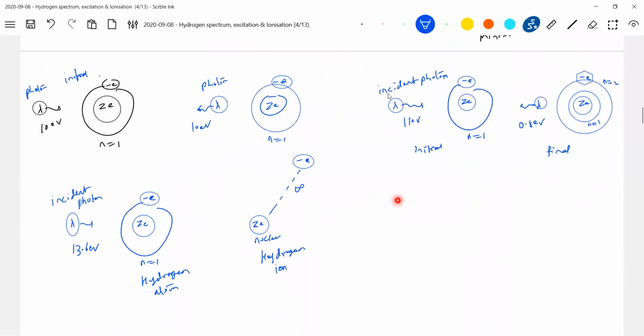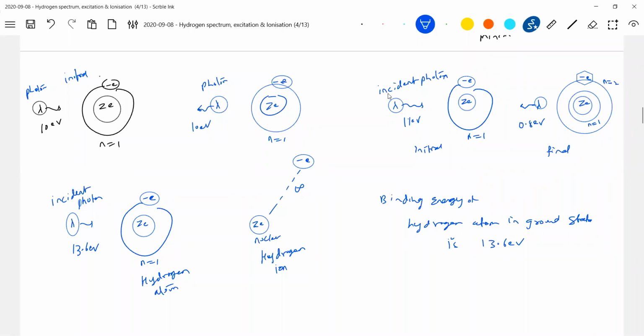Binding energy, hydrogen atom in ground state: 13.6 electron volt. If you give this much energy, it will get ionized.